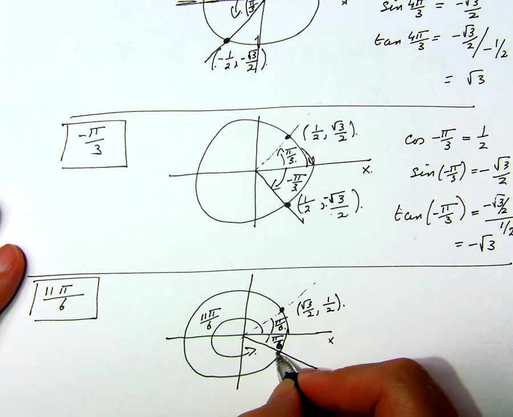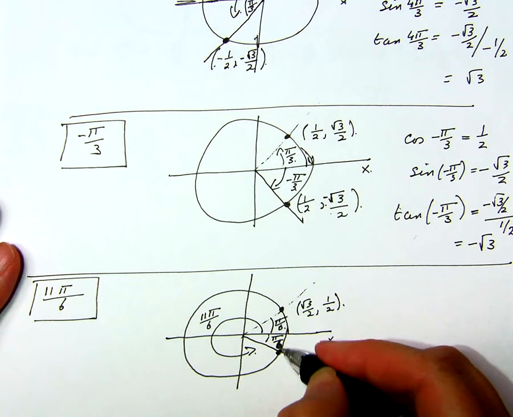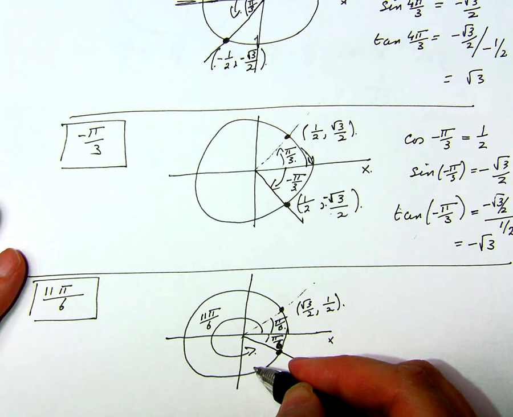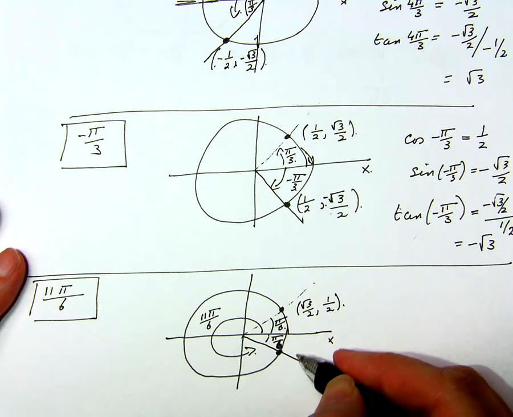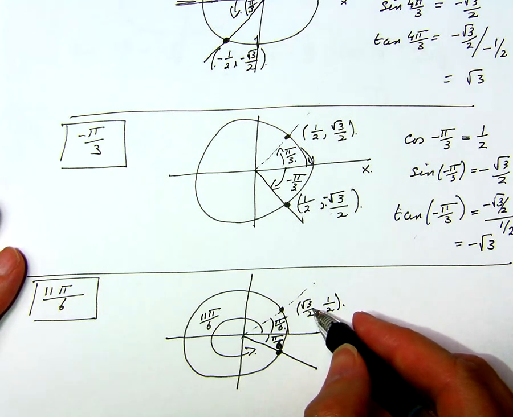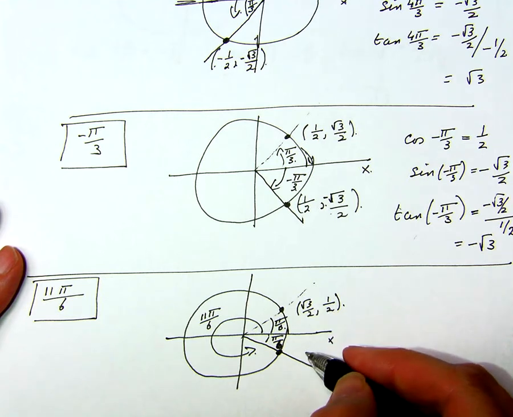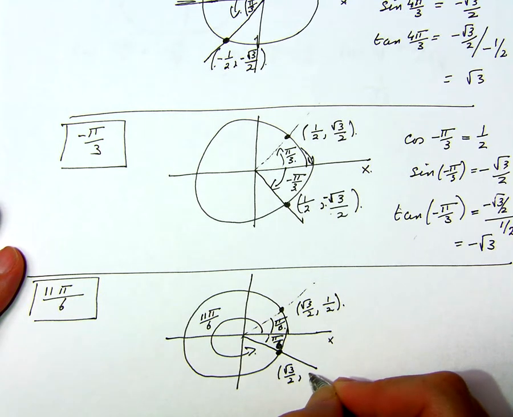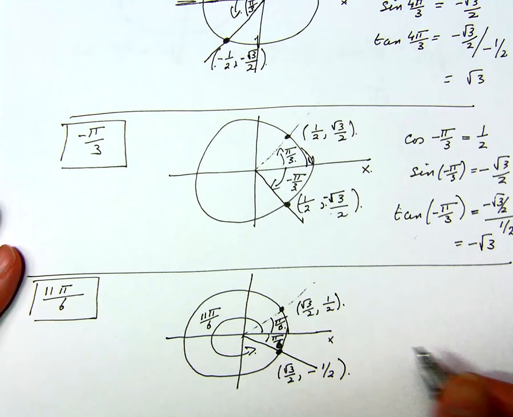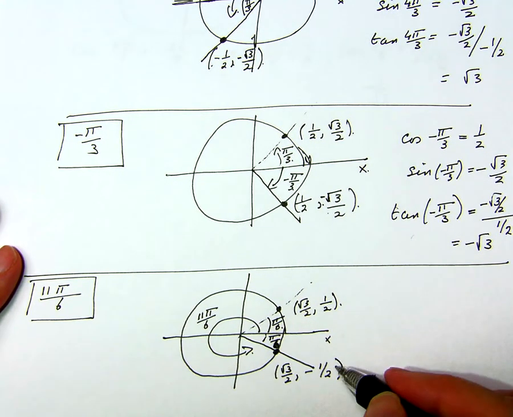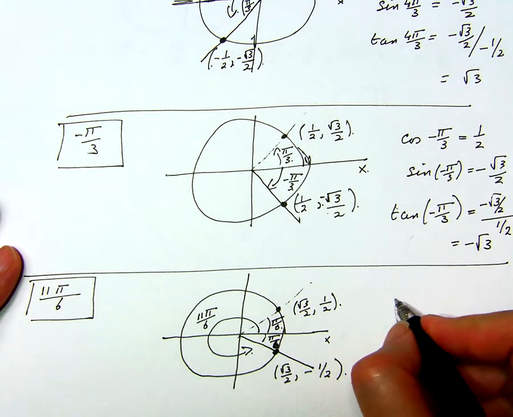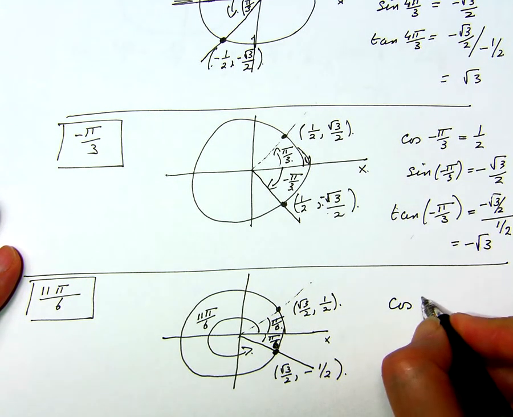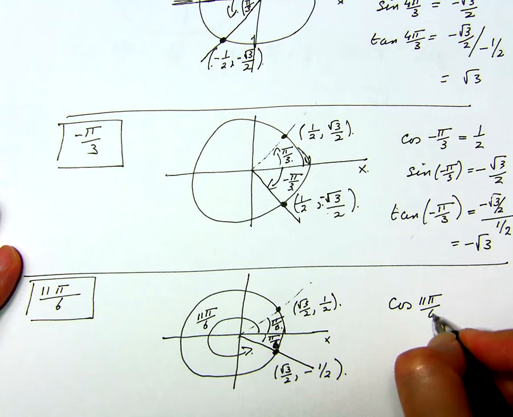And now the point that I'm interested in, the point where the terminal ray of 11 pi over 6 cuts the unit circle, has coordinates which are the reflection of this point in the positive x-axis. The x value remains the same. The y value changes to a negative. And we're now ready to read off the cosine, sine, and tangent of 11 pi over 6.